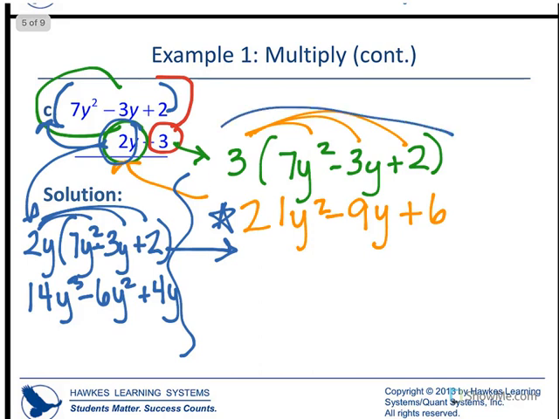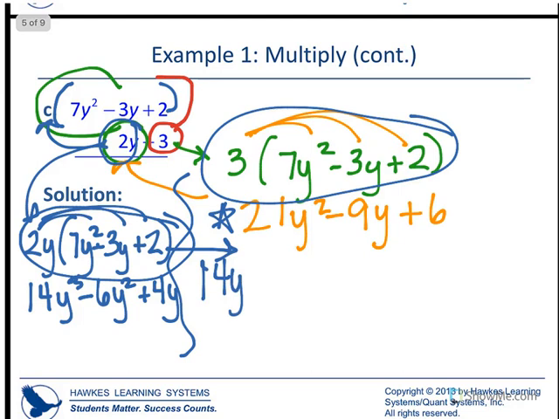See how to multiply this one by a coefficient of 3 and this one by a coefficient, and we had 2y. So now I can combine them, line them up, combine them like I did before. I'm going to come over here and start with 14y to the third because we don't have another one of y to the third.